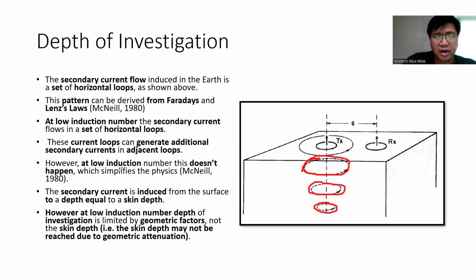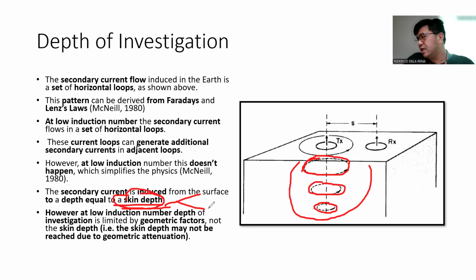As we've discussed earlier, theoretically the signals of electromagnetic surveys can only go as deep as the skin depth. Skin depth is limited by the conductivity of the ground and the frequency of the signal. Generally, the higher the conductivity, the greater the energy losses of the signal.